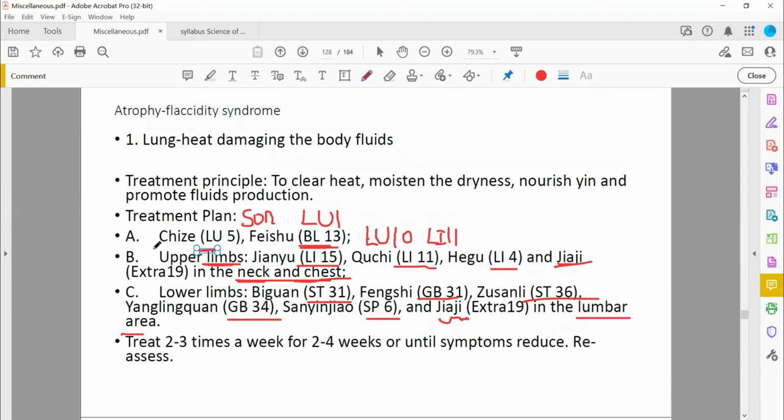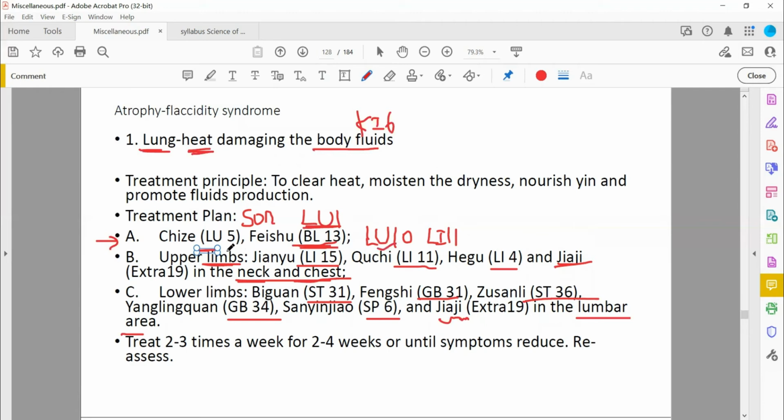Okay, so let's see A, this group for the lung heat, right? For the damaging body fluid, you can use kidney 6. This one is for the lung, for the lung heat.